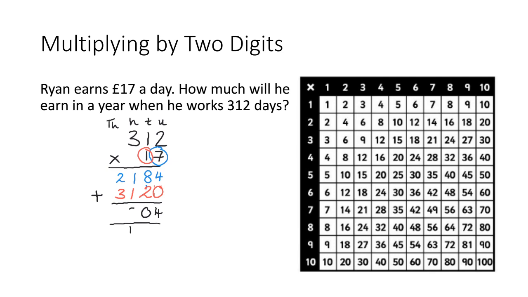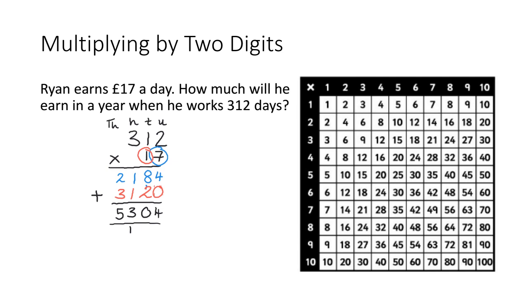Add my 1 is 3. And then 2 add 3 is 5. So 17 multiplied by 312 is 5,304.